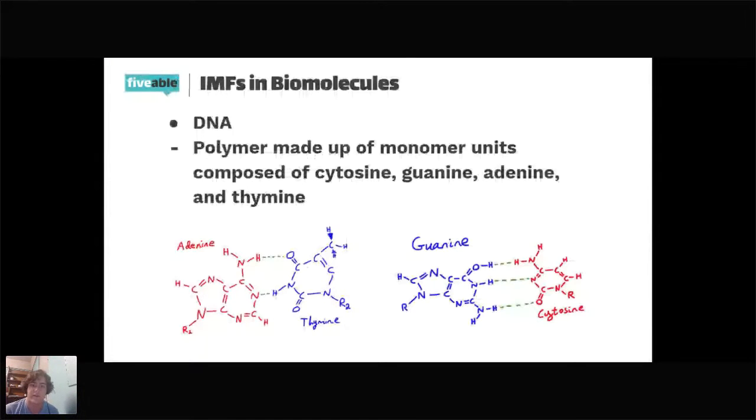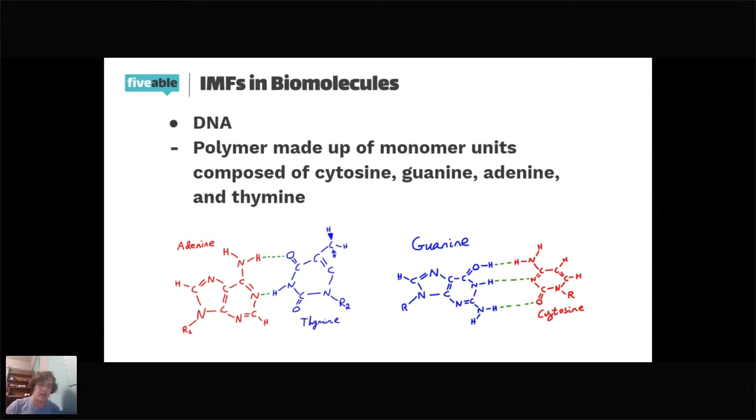The things I'll define are polymers and monomers. If we think of this as a monomer, mono means one, single. But if we have multiple monomers attached to make a polymer, a multiple.